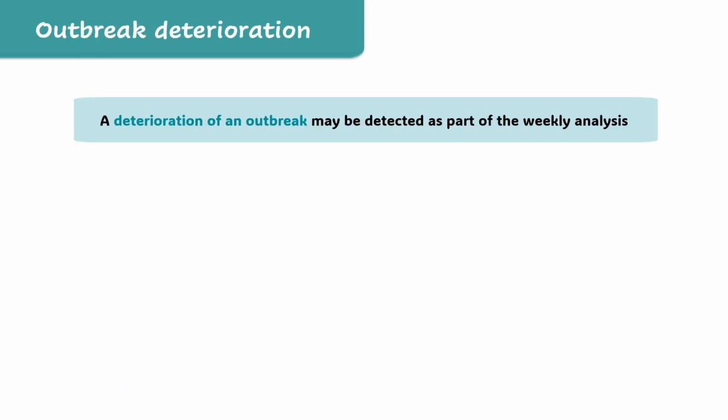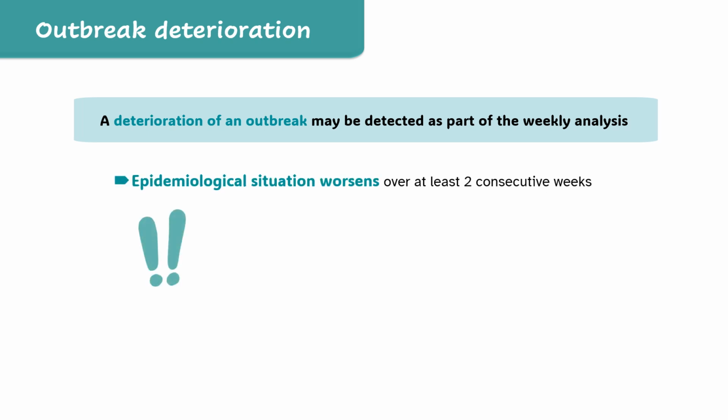As part of the weekly data analysis, a deterioration of the outbreak may be detected. An outbreak deterioration means that the epidemiological situation has worsened over at least 2 consecutive weeks.